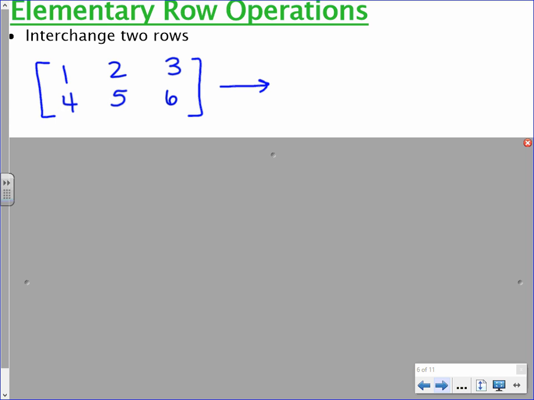So we can take row 1 and switch it with row 2 and have the matrix 4, 5, 6, 1, 2, 3. That is legal. All we did basically is reorder our rows. If we are looking at this as an augmented matrix, our equations are still the same.